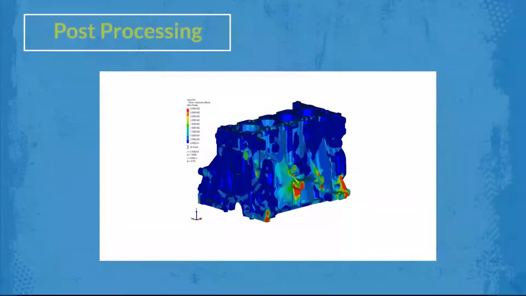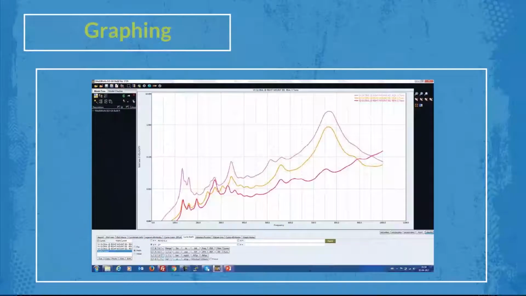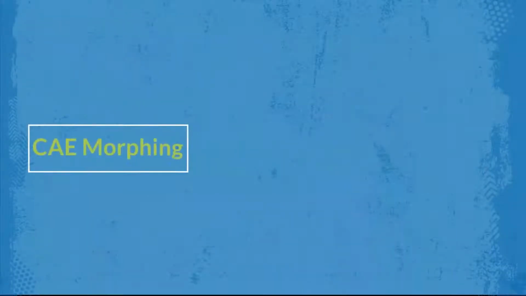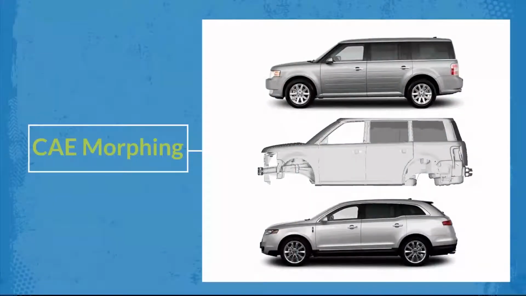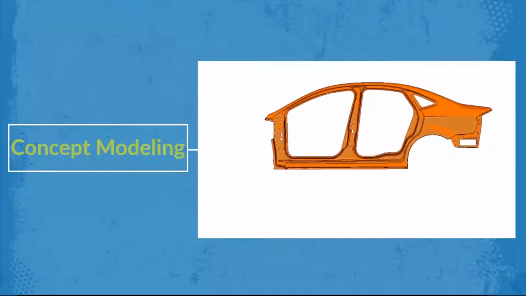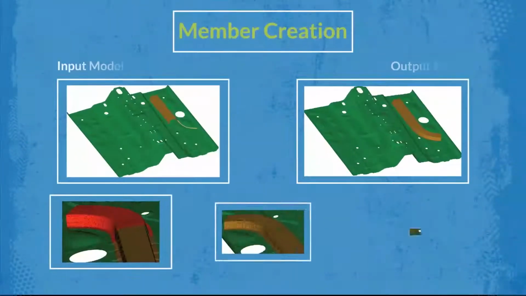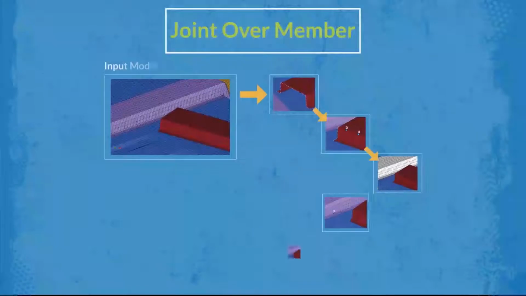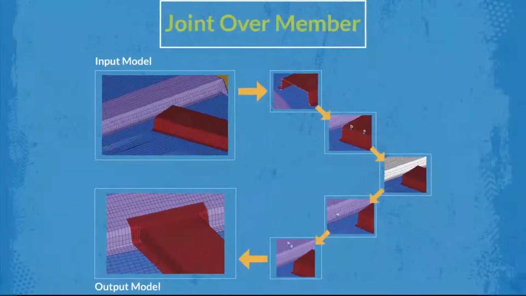Post-processing, viewing and publishing the results of analysis. Graphing, powerful plotting and data analysis tool. CAE morphing, morph existing FE and CFD models to match new geometry and/or to new proportions. Concept modeling, cutting, blending, and stitching functions to create early-stage concept FE and CFD models.